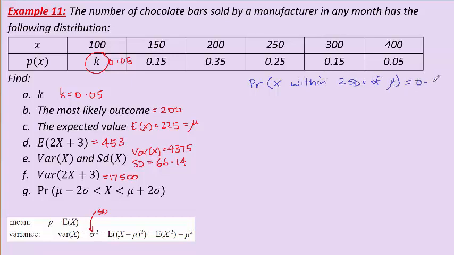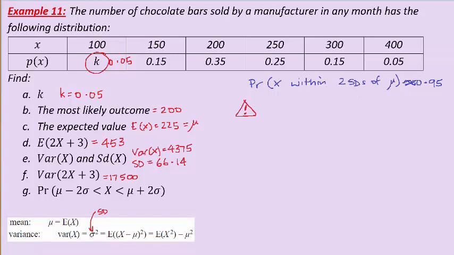That is estimated to be 0.95. 95% of data thereabouts on a normal curve is expected to fall within 2 standard deviations of the mean. But we have a probability distribution table. So because we have that, we can actually work out what numbers are within 2 standard deviations of the mean.